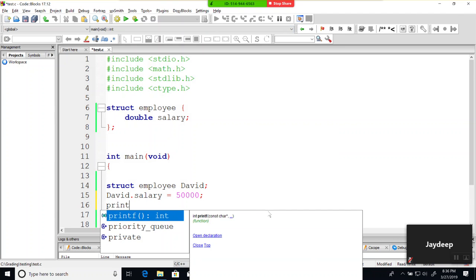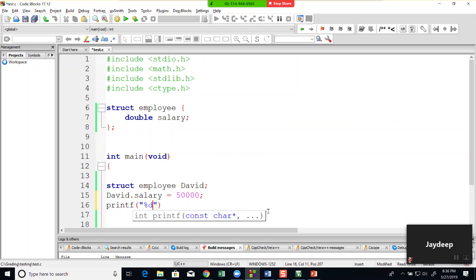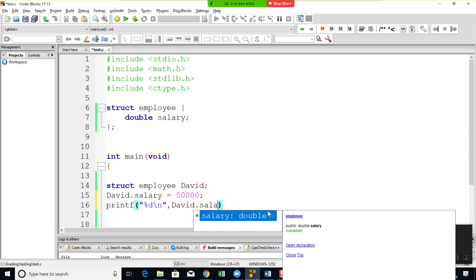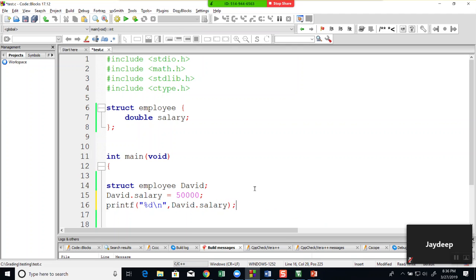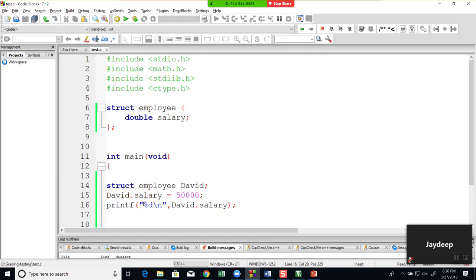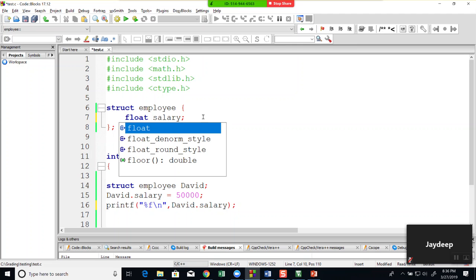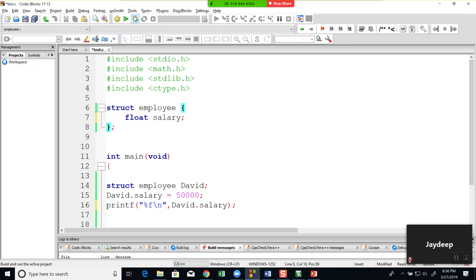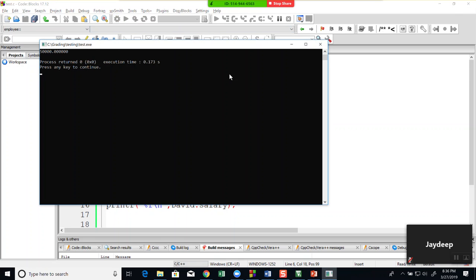Now, printf %d \n and then comma David dot salary. Why did I do %d? %f. Why do I want double? Float. There's 50,000.